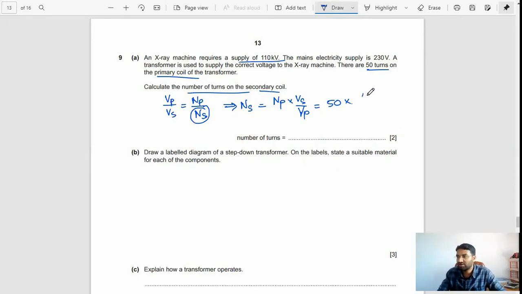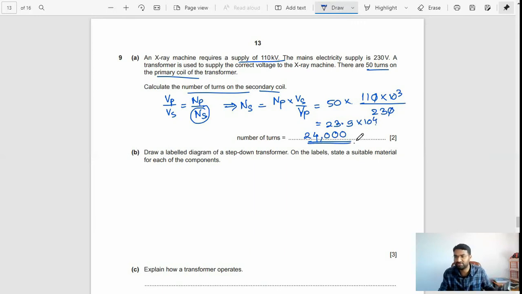So 110 times 10 raised to 3 over 230. If you simplify this, you'll get the answer, which is actually 23.9 times 10 raised to 3. Means it's about 24,000 turns you will require to get this much voltage.